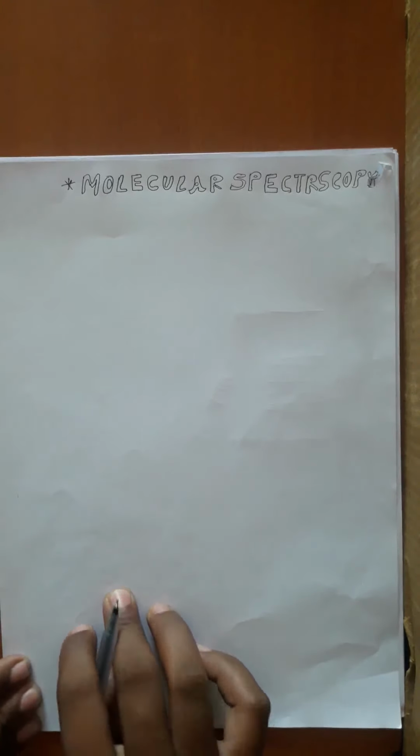This gives rise to the electromagnetic waves. Now I have to discuss matter. Matter means what? Matter is the combination of atoms, ions and molecules. Now this interaction of electromagnetic waves with matter gives rise to molecular spectroscopy.